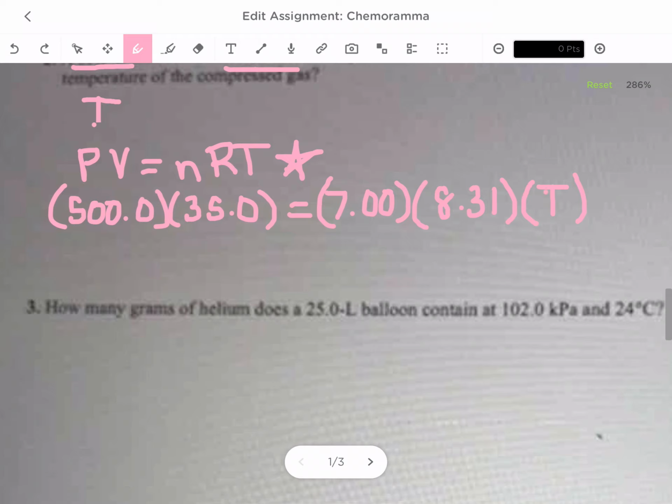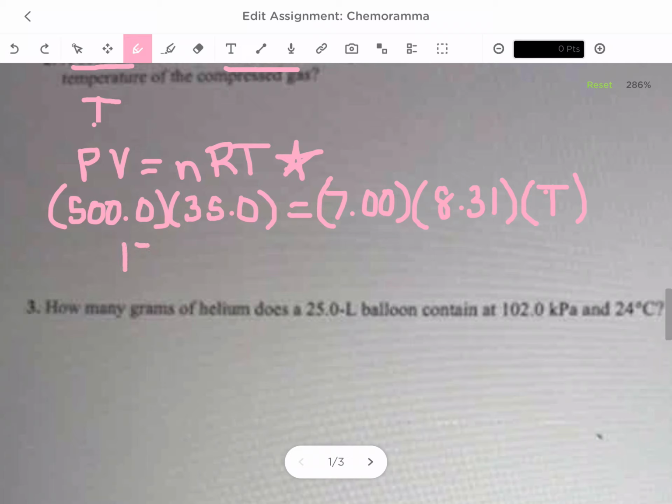So let's work this out. I have to solve for T. That's what I'm being asked for. So I'm grabbing my calculator, like for real, I really have my calculator in my hand. So 500 times 35 is a big number.